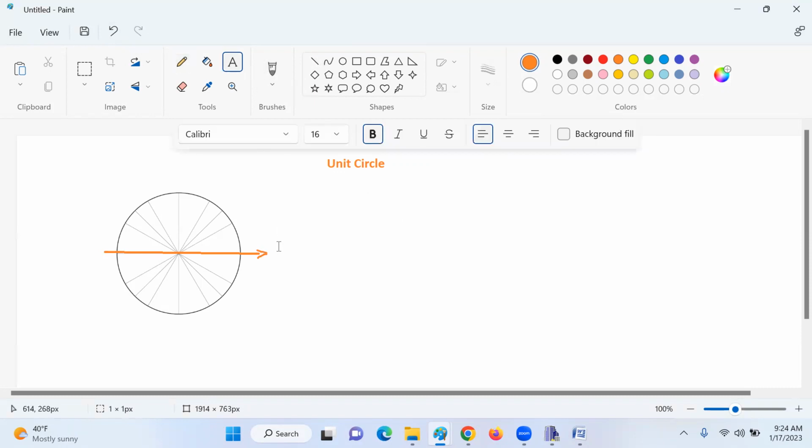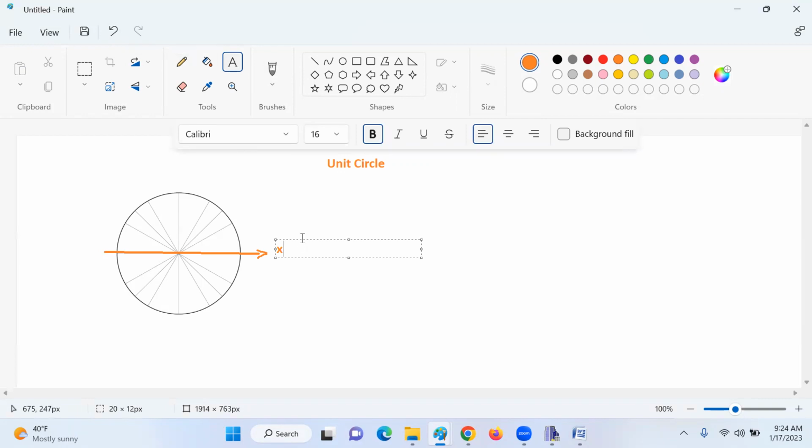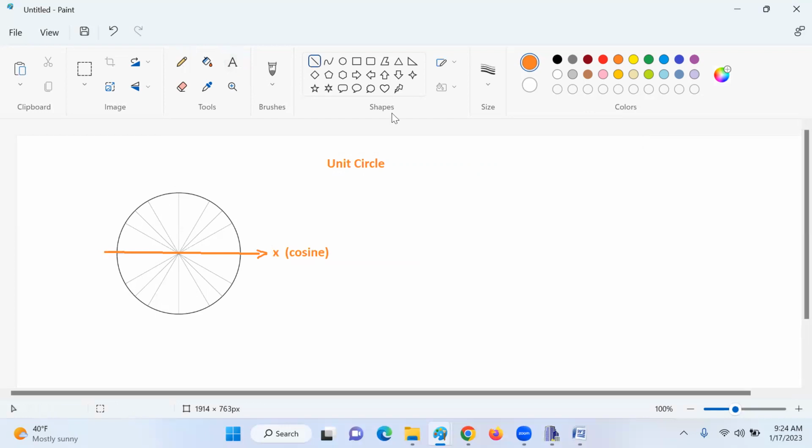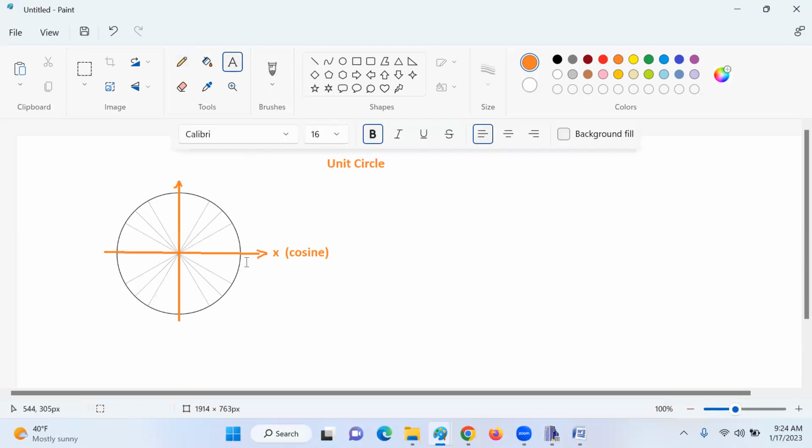Okay, so the x-axis we call the cosine. Okay, cosine. And then the y-axis we call the sine. Okay. So remember, the unit circle is going to have values.